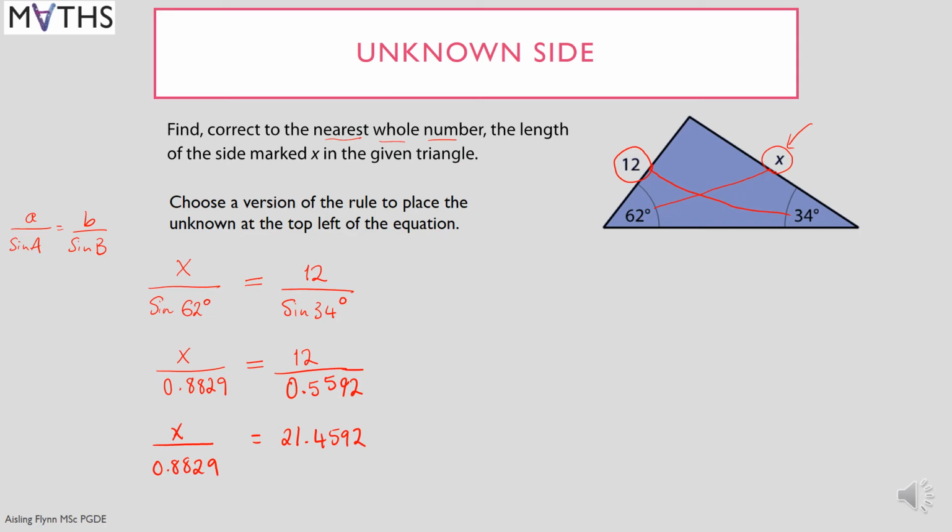Then to solve for x, I'm going to multiply left and right by 0.8829, because 0.8829 divided by itself is 1. And this will give me an answer for x.